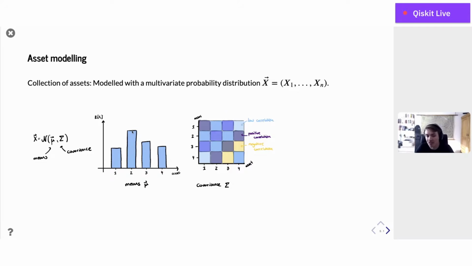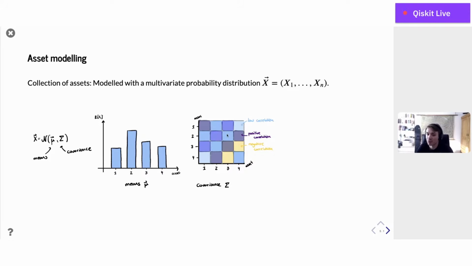The second asset has this expected return, and so on. The covariance matrix, called uppercase sigma, tells us, first of all, how does one asset vary, and if we know the value of one asset, what can we say about the value of other assets, or if we can say something about it.